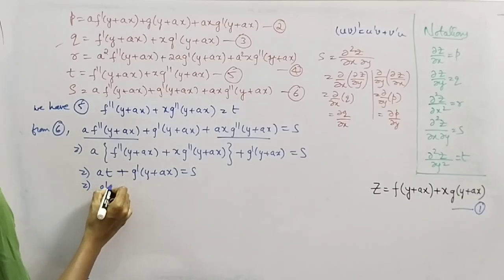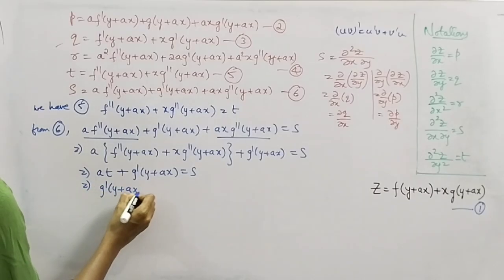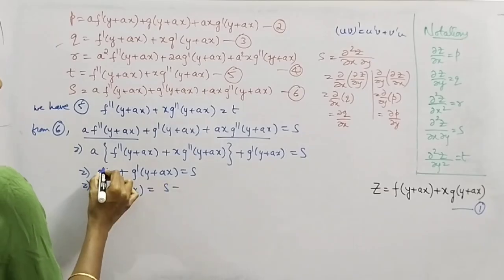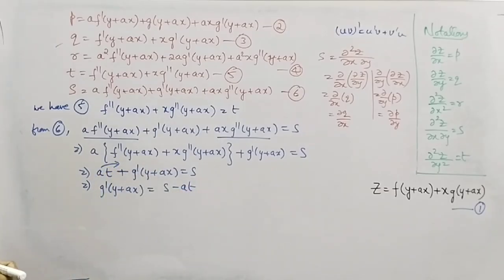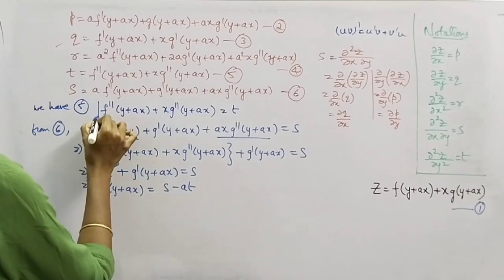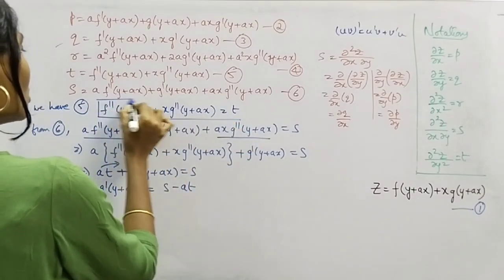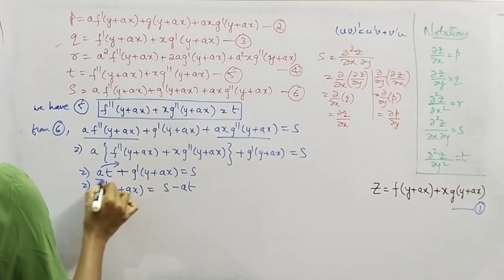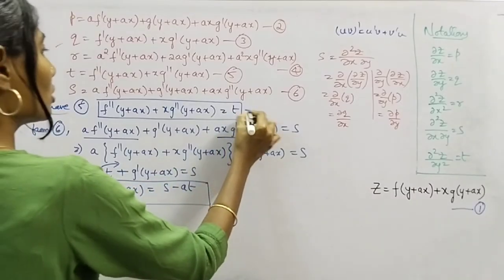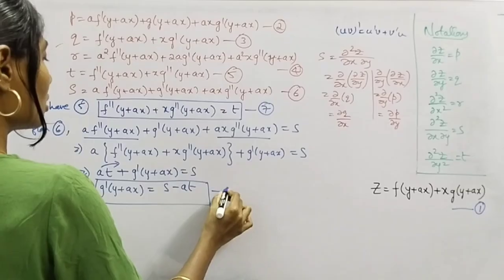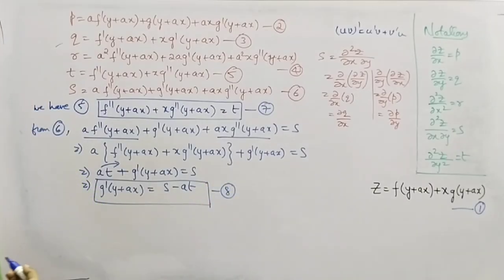From this you'll get g dash of (y + ax) equal to s minus a t, just taking this term to RHS. So we'll use this, consider this as 7 and this as 8, if necessary.